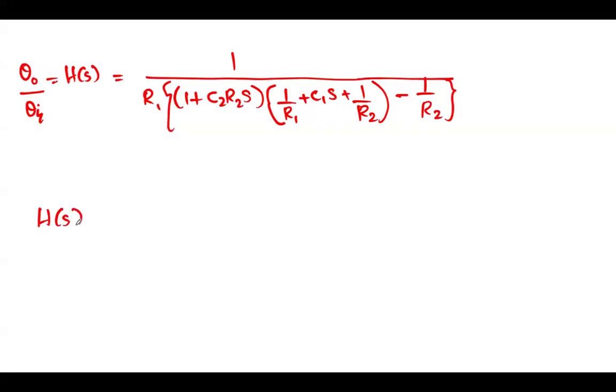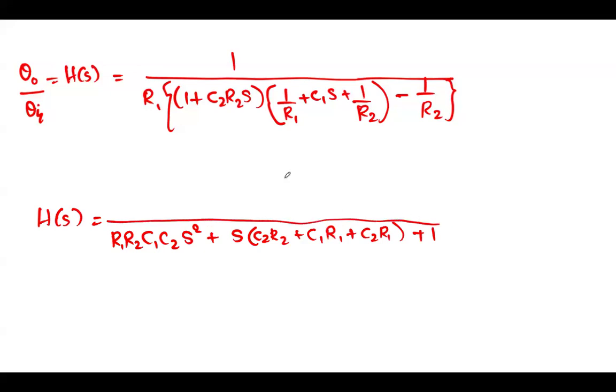Now I will write the final simplified version. R1 R2 C1 C2 s squared plus s times C2 R2 plus C1 R1 plus C2 R1, plus 1.